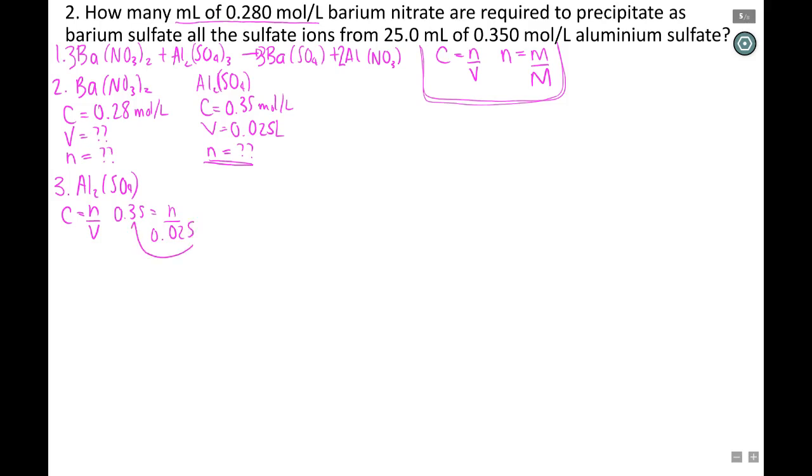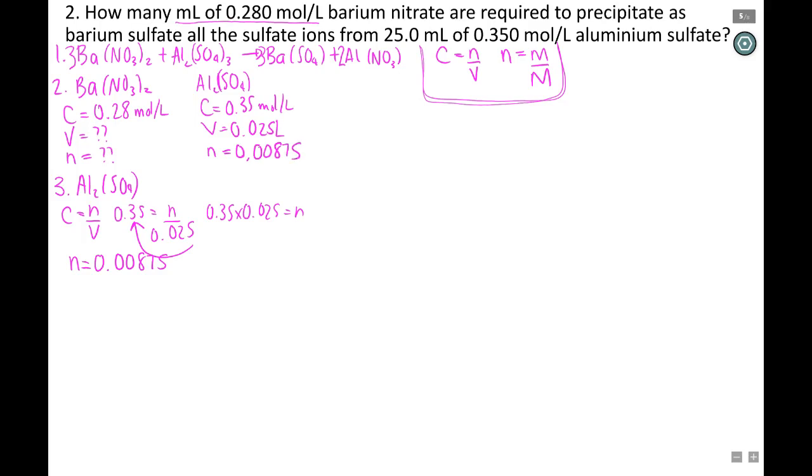We move this over to this side of the equation. We then get 0.35 times 0.025 equals n. So n equals 0.00875. So now we can get rid of this question mark because we've answered that. n now equals 0.00875.